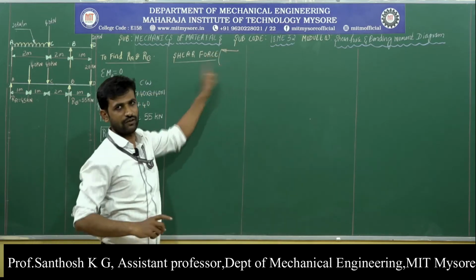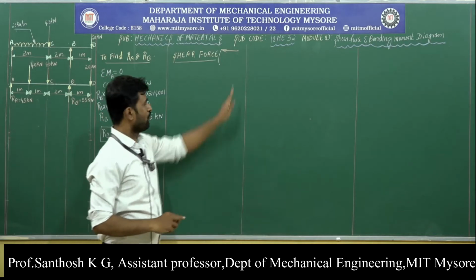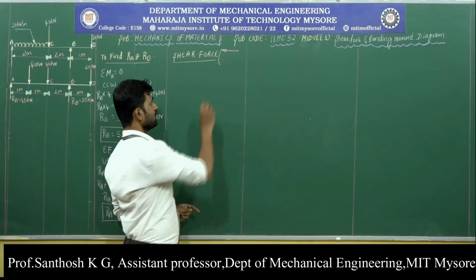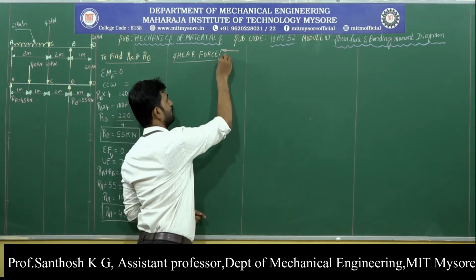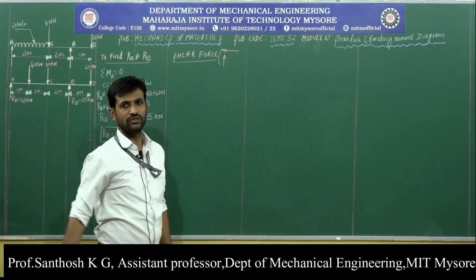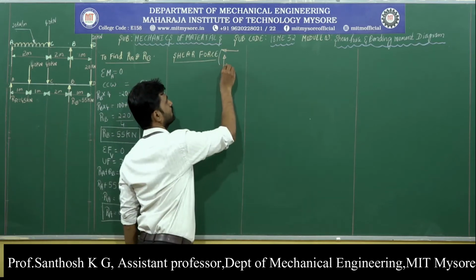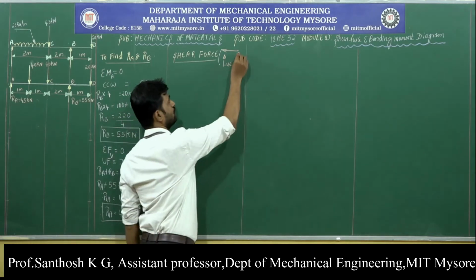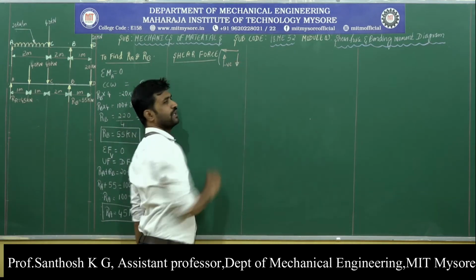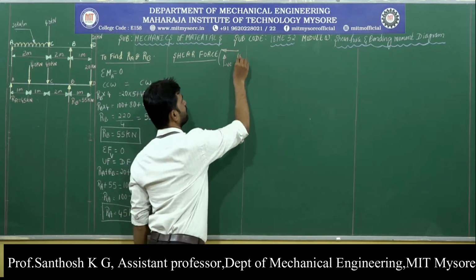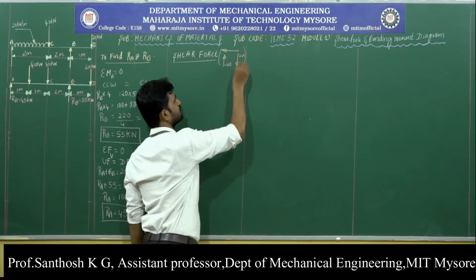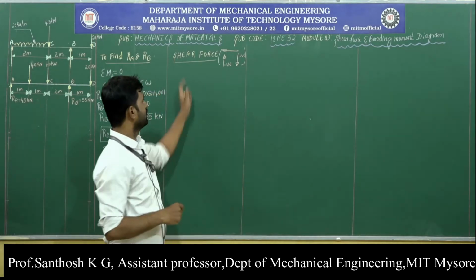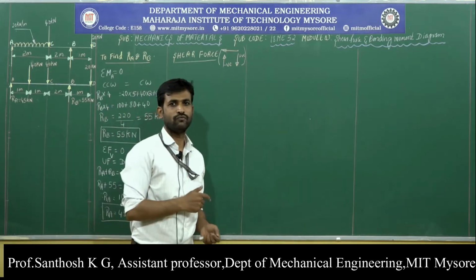While moving from right to left, if we encounter an upward force, it should be written with a negative sign, and if we encounter a downward force, it should be written with a positive sign. This is the sign convention we will use to find the shear forces.